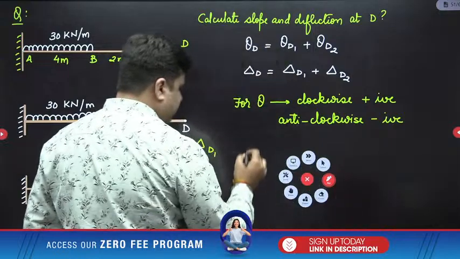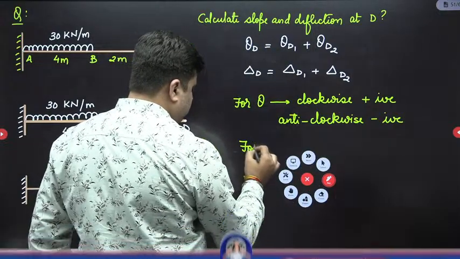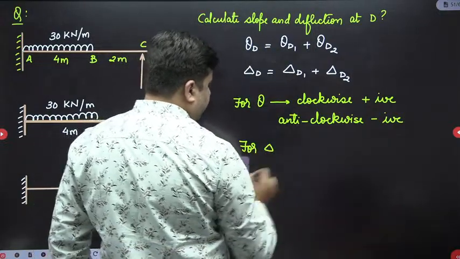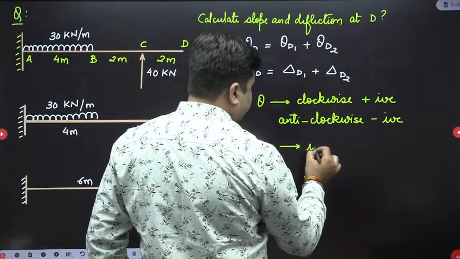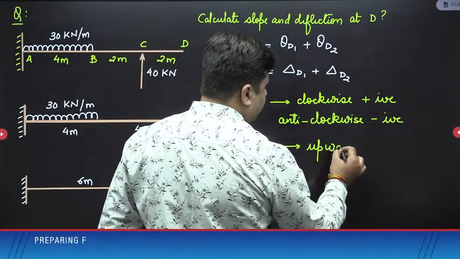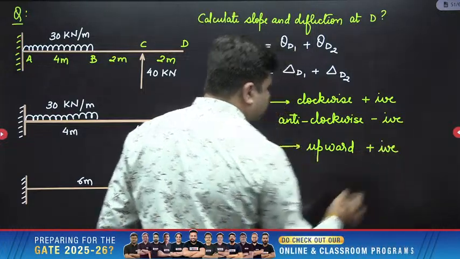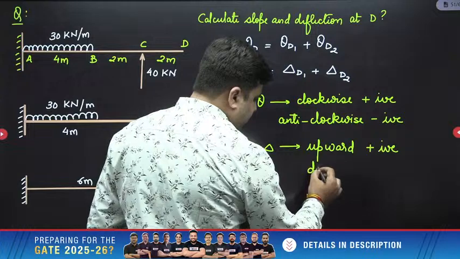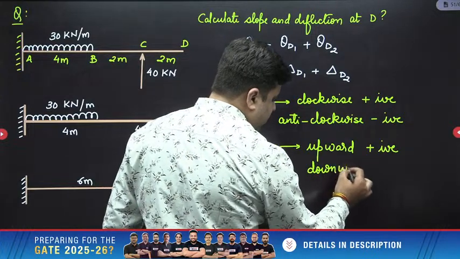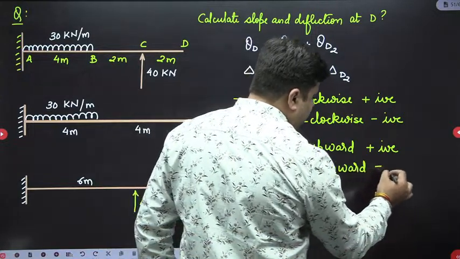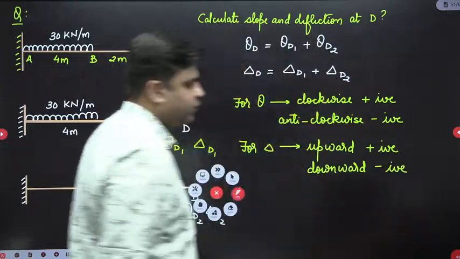Similarly, for deflection, upward deflection is positive and downward deflection is negative, right?